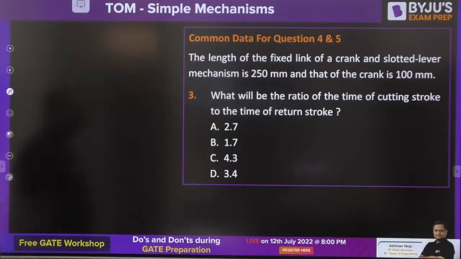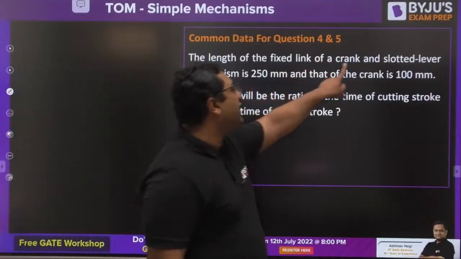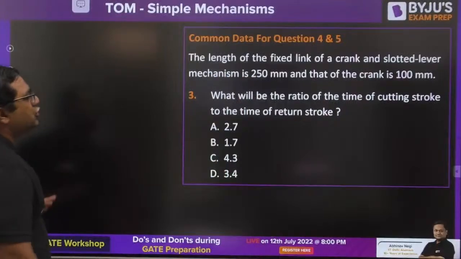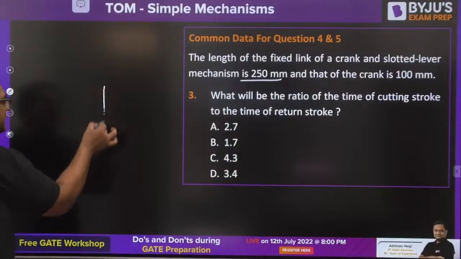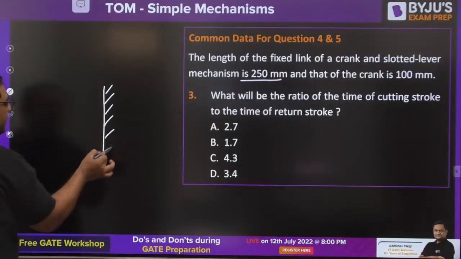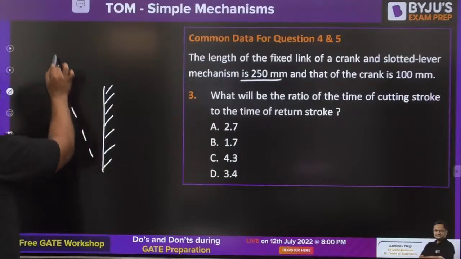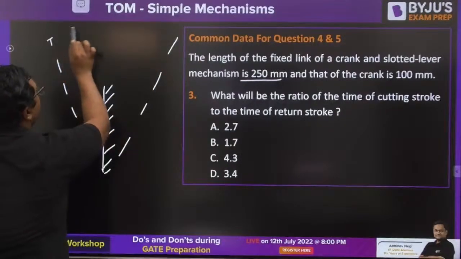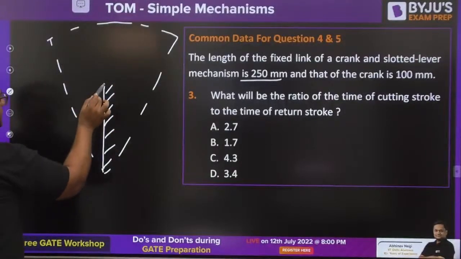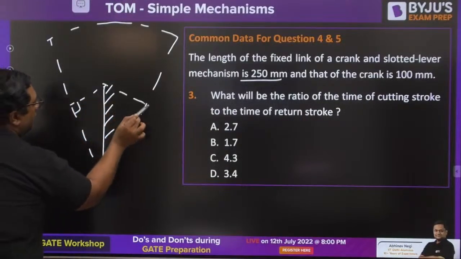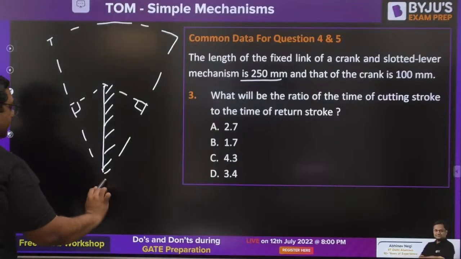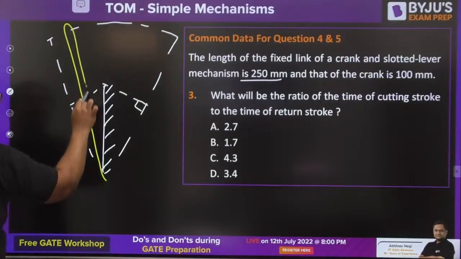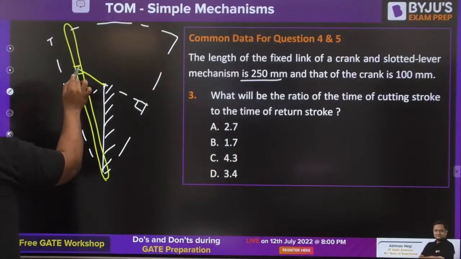Kaviraj, good. So this question is: the length of the fixed link of a crank and slotted lever mechanism is 250 mm and that of the crank is 100 mm. Those who don't know about the mechanism, I am making it. This is the fixed link, and with the fixed link we have this kind of configuration, like this, and you will be having a slotted bar like this, where you will be having the crank.